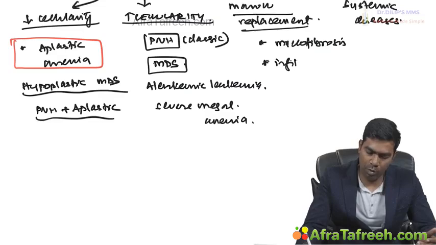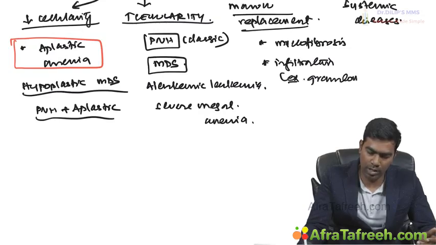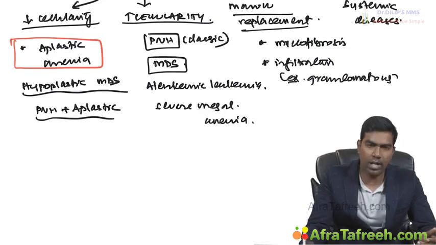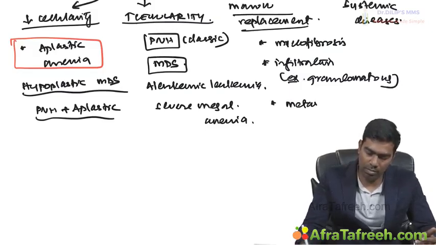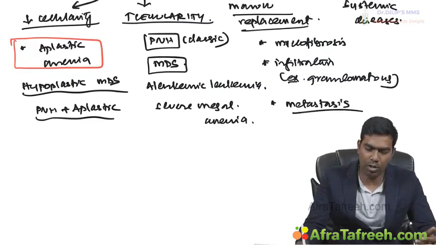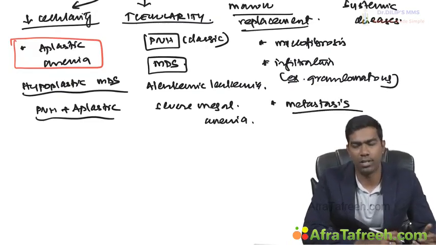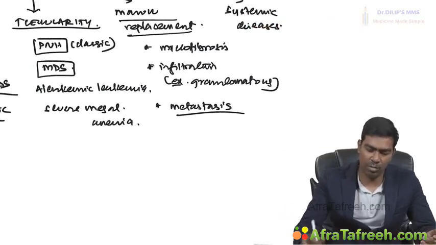It can happen with bone marrow infiltration, typically granulomatous infiltration of the bone marrow like sarcoid, TB, and all these things. Or you can get it from metastasis, especially solid organ tumor metastasis. You might get a pancytopenia, but these are not that important.